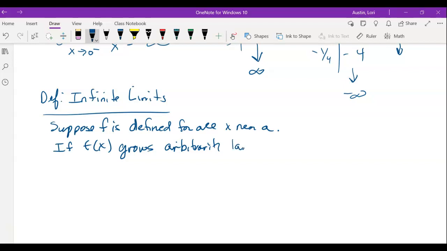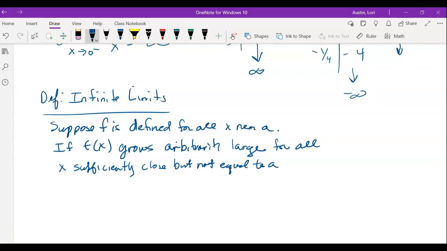Arbitrarily large for all x sufficiently close but not equal to a, then we write the limit as x goes to a of f of x equals infinity.